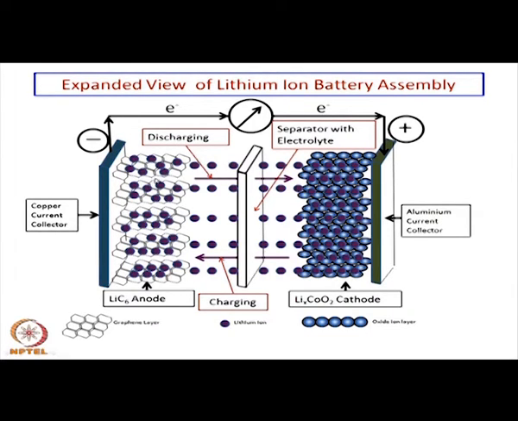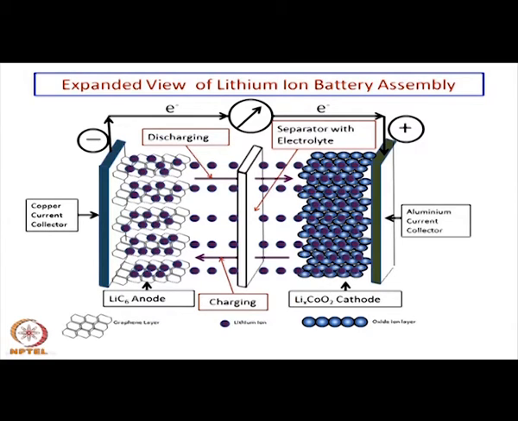Lithium is ionized from metal state to positively charged state, and the electron gets injected into the outer circuit. So, electron flows in this direction and lithium flows in this direction. That is the normal discharge.